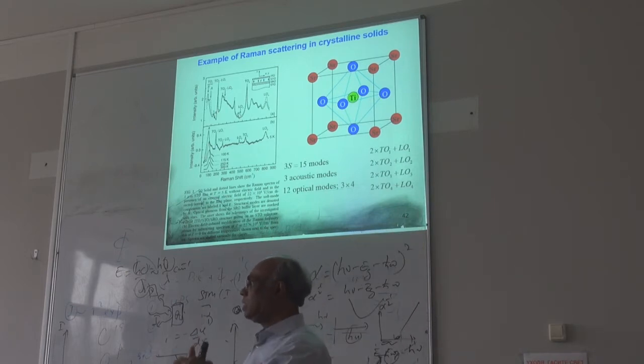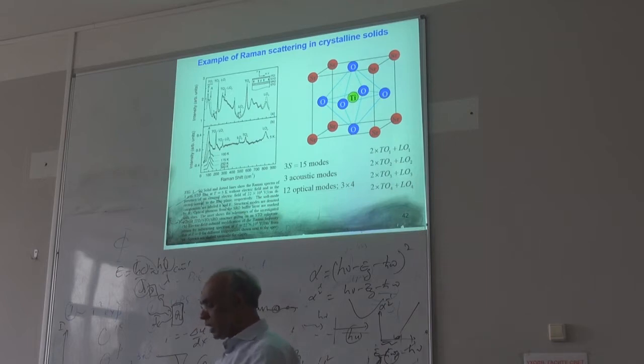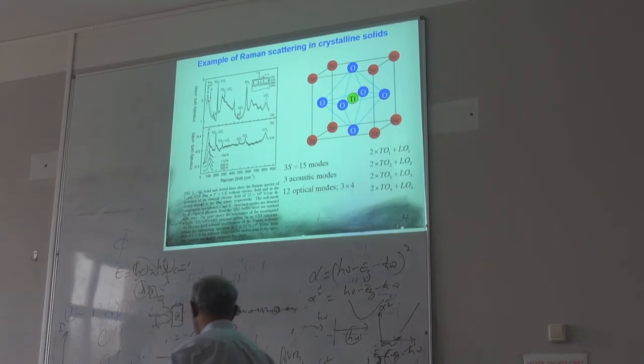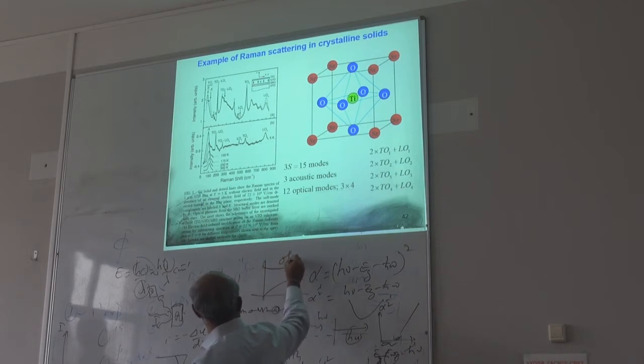Transverse means if you have two atoms, one goes up, other one goes down. That's the transverse. Longitudinal means both atoms move in the same direction. So that's what TO is, the transverse optical. We are not looking at this, this is the acoustic mode.